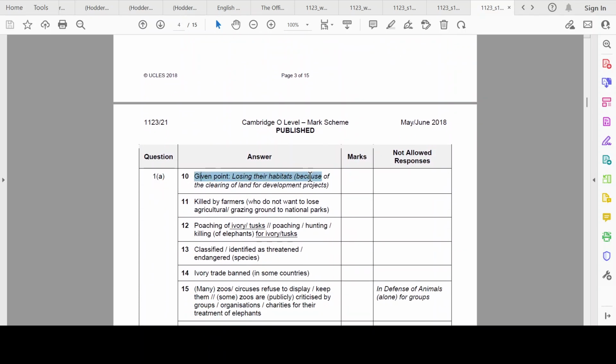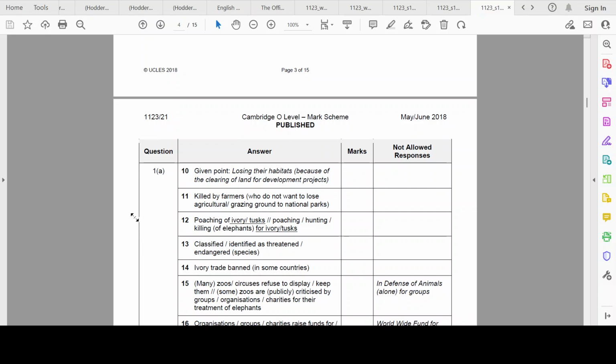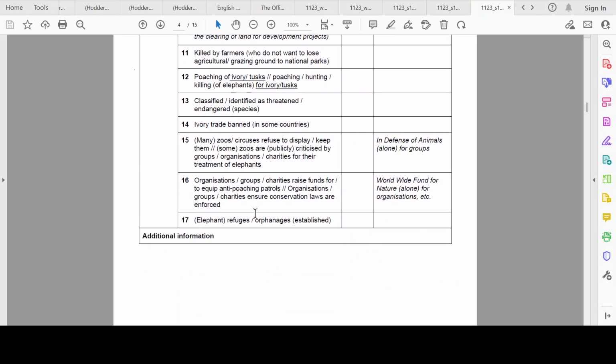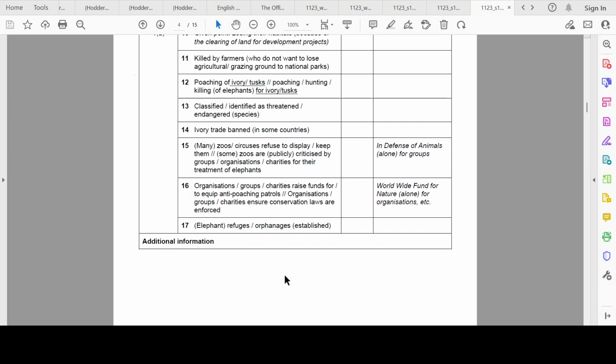And in total you have 17 points. So it's not ideal, but still workable, right? And so what we can do is try and identify as many valid points as possible.